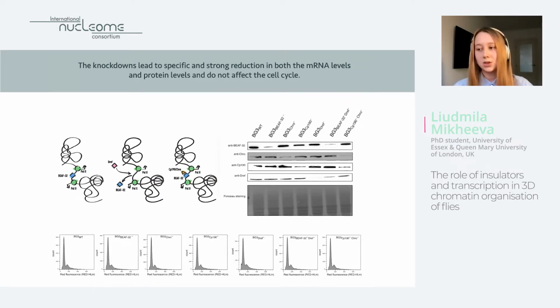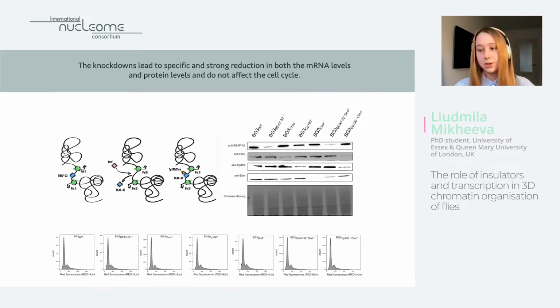Western blots demonstrated that the knockdowns lead to specific and strong reduction in the targeted protein levels. In terms of numbers, protein levels were reduced by around 70%. This efficiency is similar to the ones reported previously.